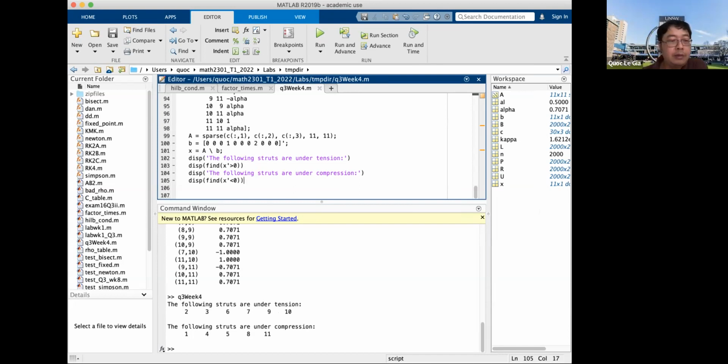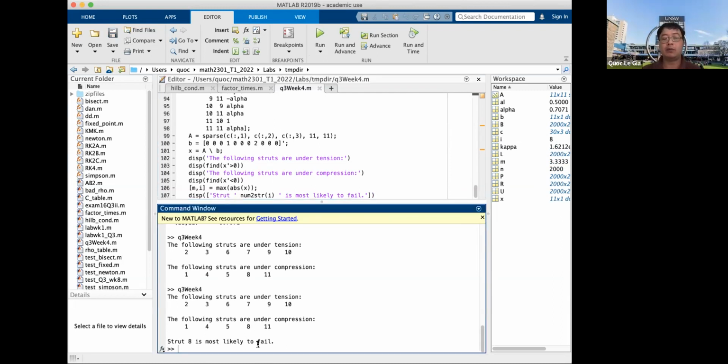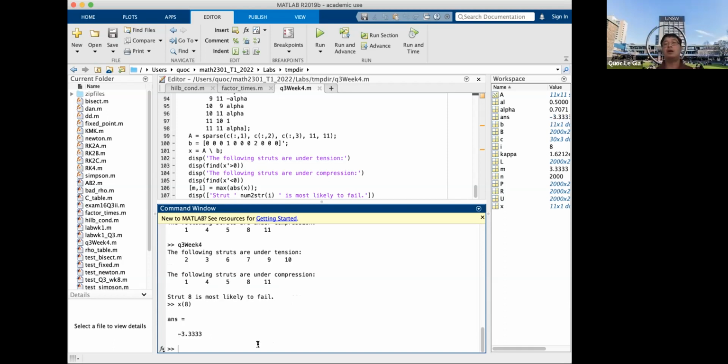And then you can try to find the maximal force. What strut is under the maximal force? You find it out, and you run it, and you see number 8. So X8 is the greatest force, in strut 8. Materials have a limit.